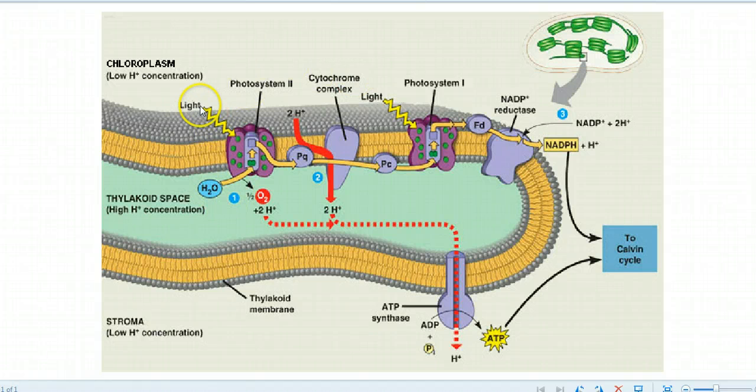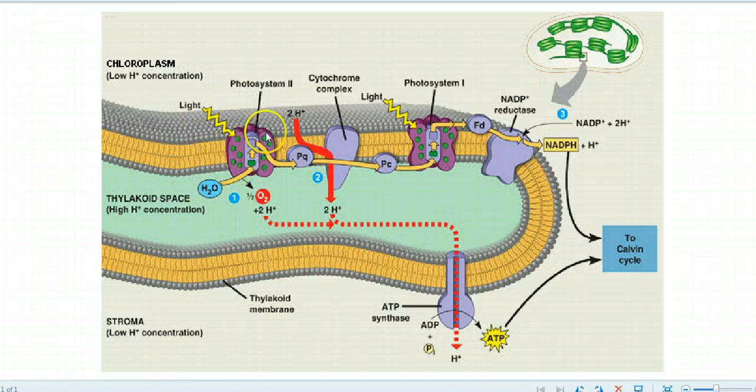So what happens in the photosystems? It all starts with light, of course. So see these green dots here? These are chlorophyll molecules or other accessory pigments. This dark green dot is meant to represent the reaction center, which is a chlorophyll A or B molecule.